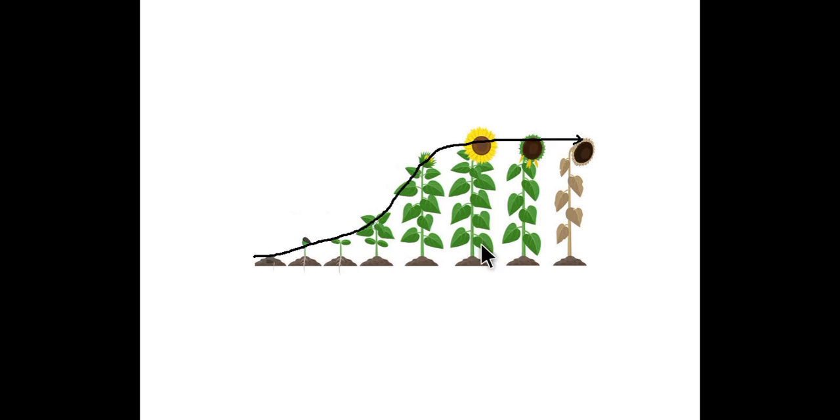If we plot a graph of length of plant versus time, then it will look like this. The graph shows an S shape or sigmoid shape. This is called the growth curve.